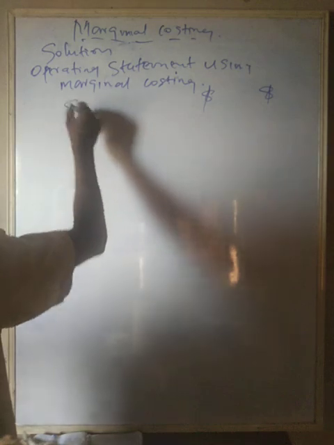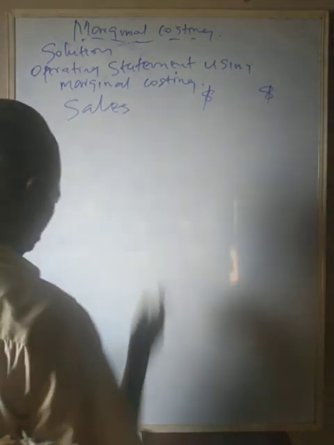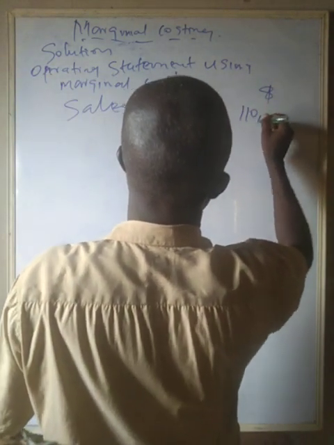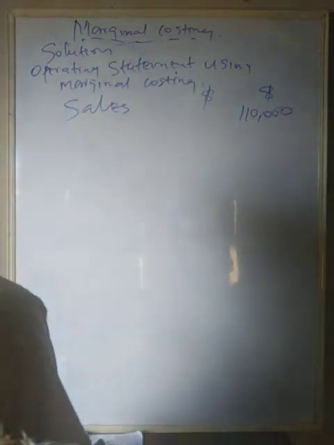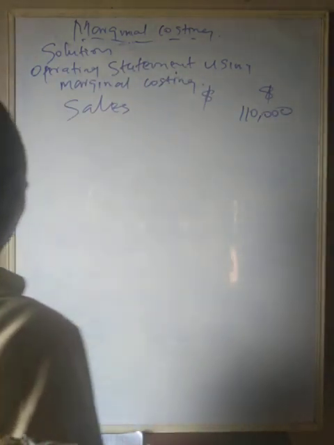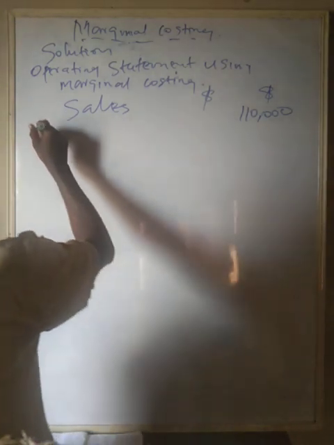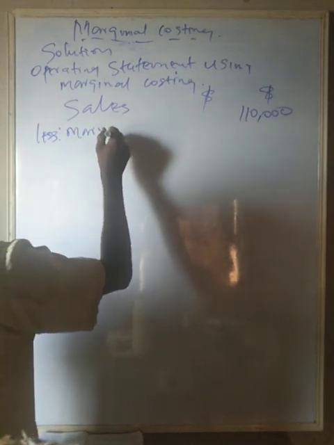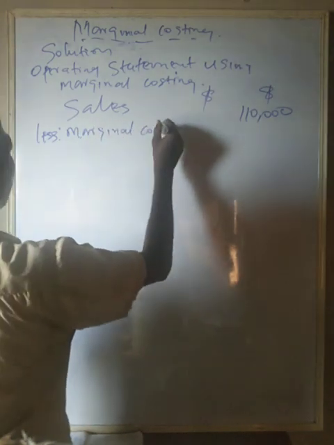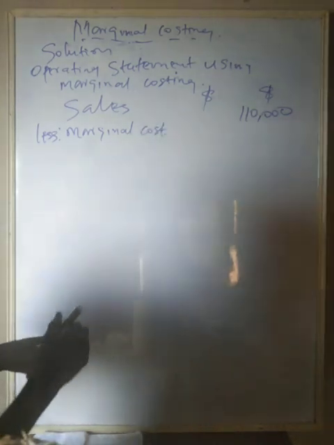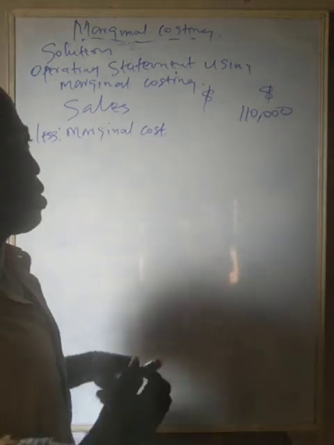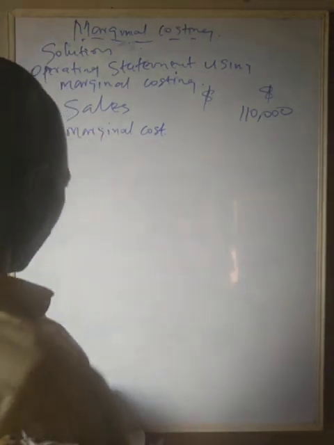So you have your sales here. What is the sales according to the question? The sales is $110,000. Then you have less marginal cost. In the first video, we said that marginal cost is otherwise known as variable cost.